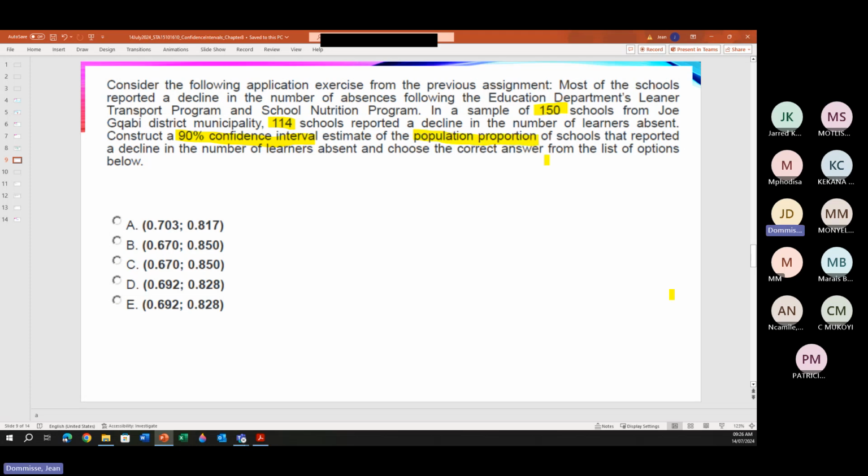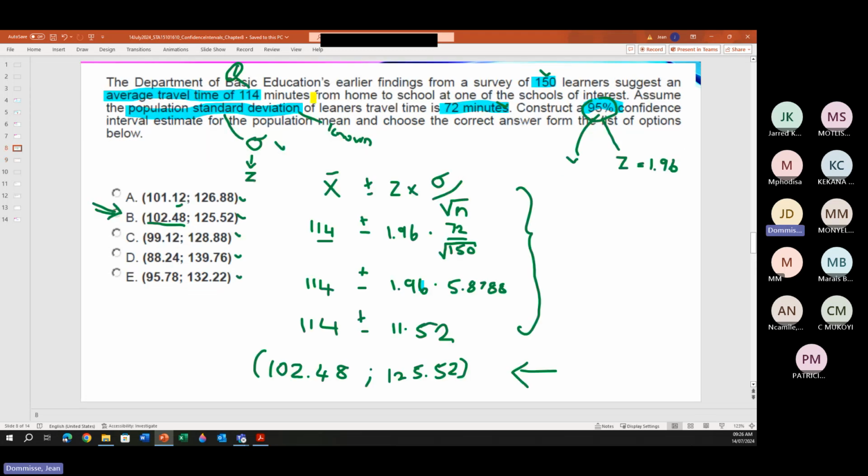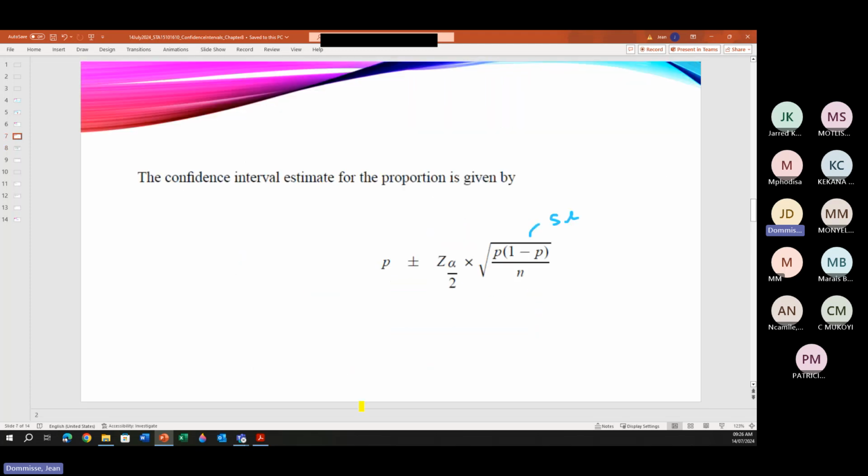Okay, so actually exactly the same information. The only thing is now we're working with a population proportion and not the standard deviation.